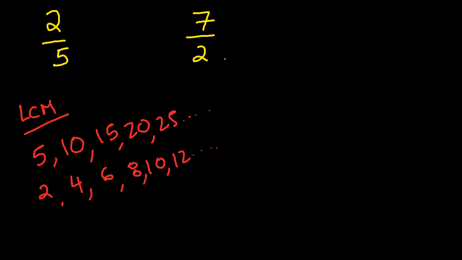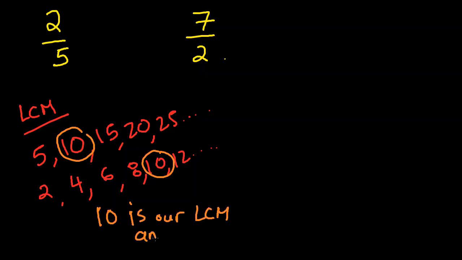Now, the next step is to check, is there a number that's common in these two rows? Is there a common multiple? Well, we can see that 10 is common, right? Because 10 appears in both rows. So 10 is our lowest common multiple, and that's also our lowest common denominator.